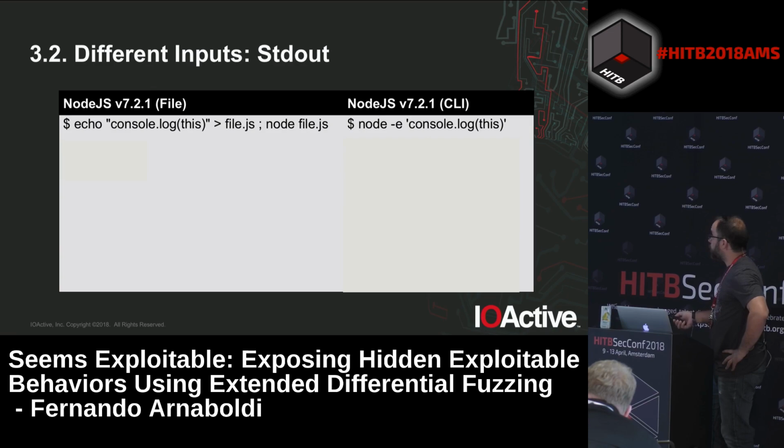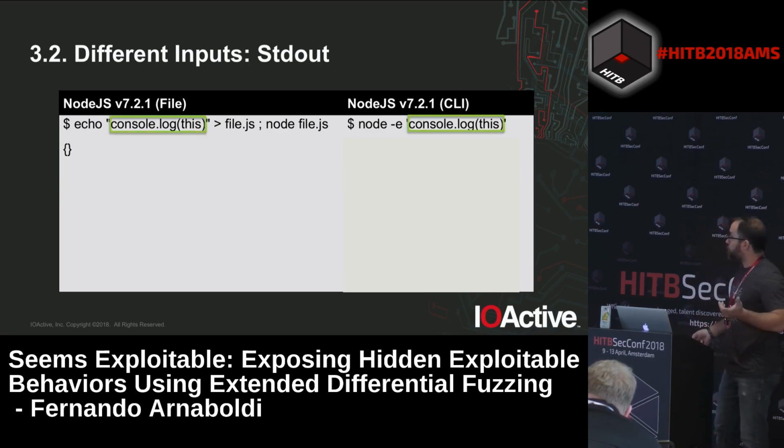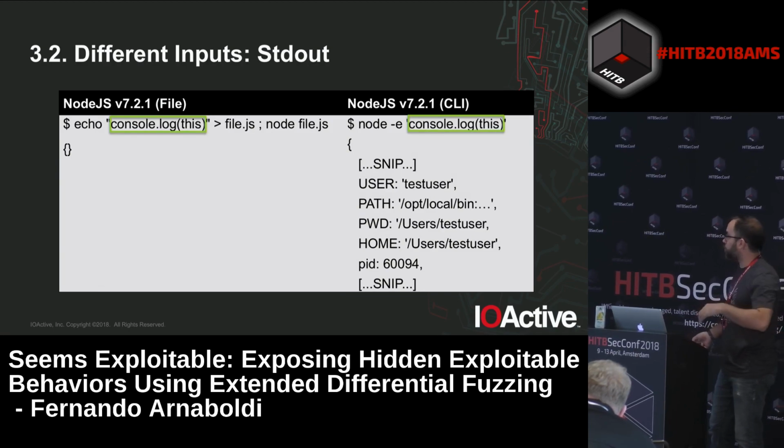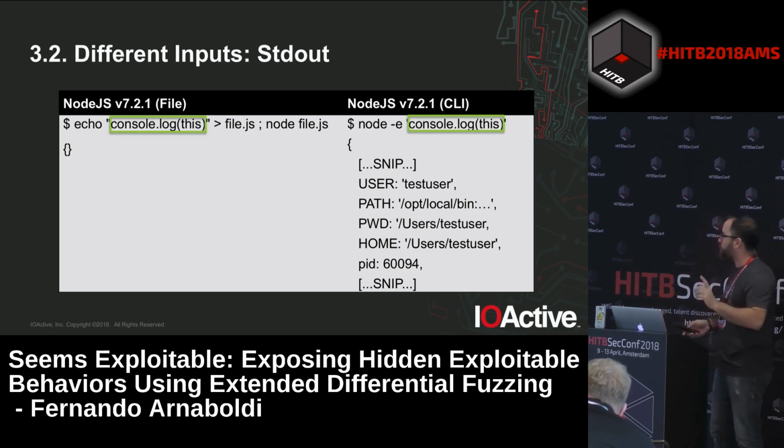For the second column, the input is going to be the command line input, and we're going to execute the very same thing. Okay? The first one is going to be an empty dictionary, the second one is going to be this. I have no idea why. But we're talking about the same piece of software in here, and you can detect something just by testing one single piece of software. It didn't crash. You didn't need something else, just one piece of software and checking how the inputs change.